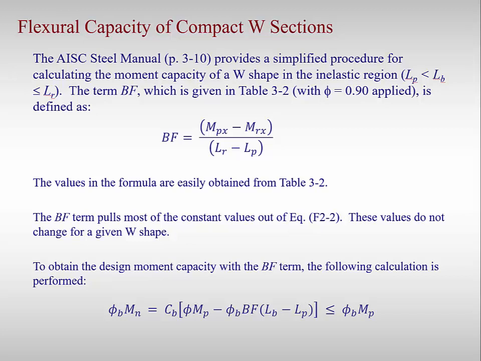Basically, the BF term pulls most of the constant values out of equation F2-2. These values do not change for a given W shape. These values are also obtained from Table 3-2. The design moment capacity is then calculated as shown.